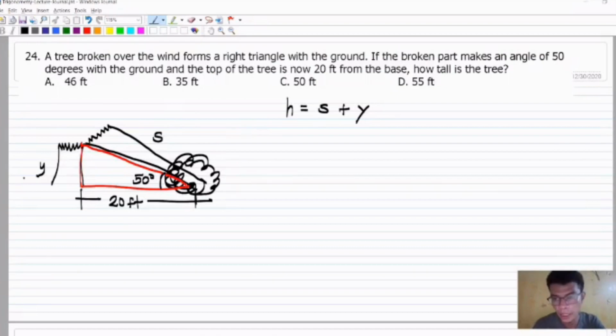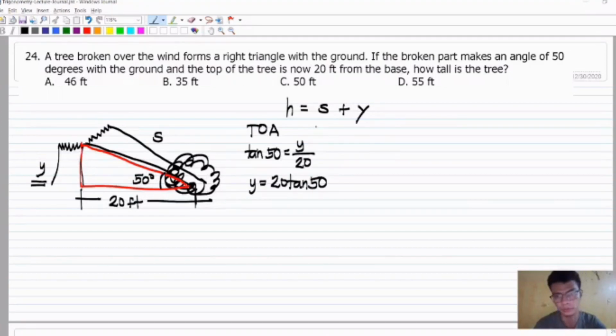So para sa y, ang gagamitin natin is ito, yung opposite side of the angle and the adjacent side. Therefore, we will use TOA relation, wherein the tangent of 50 is equal to the opposite side y over the adjacent side 20. Therefore, the value of y is 20 tangent 50.